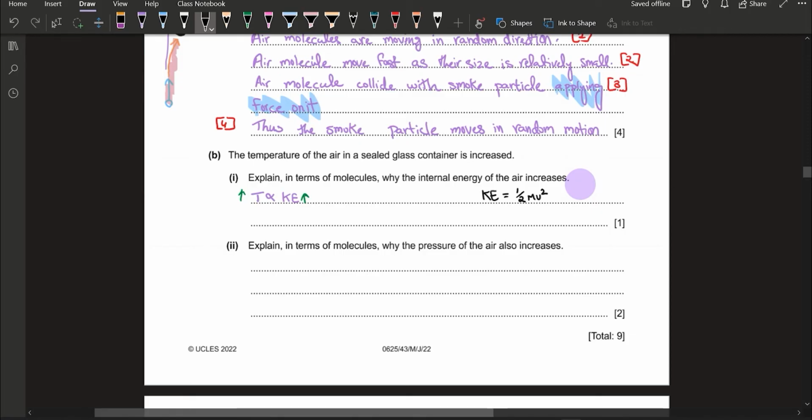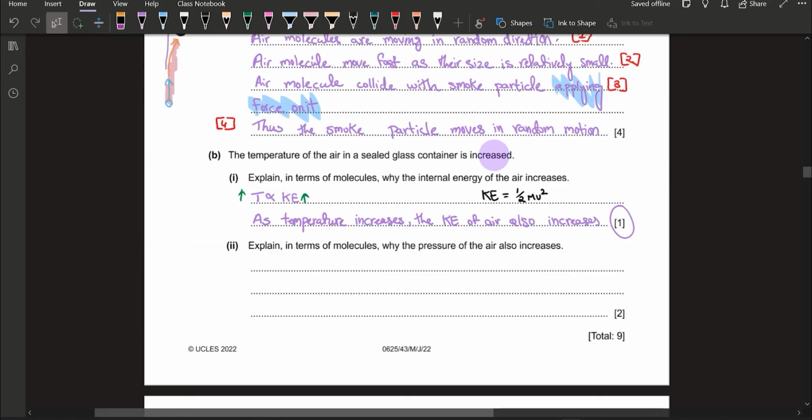As we increase the kinetic energy, velocity of the molecules will also increase. And that's the reason why the internal energy of the air increases inside. So we can write down here: as temperature increases, the kinetic energy of the molecule also increases. And we'll get 1 mark for this.